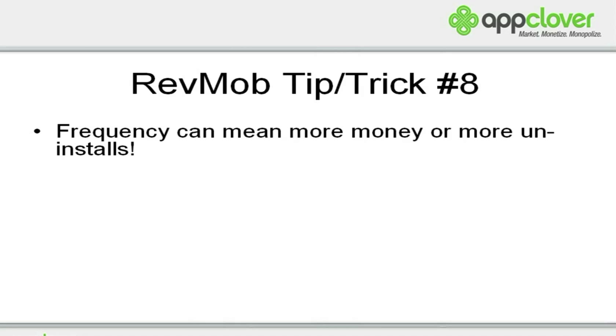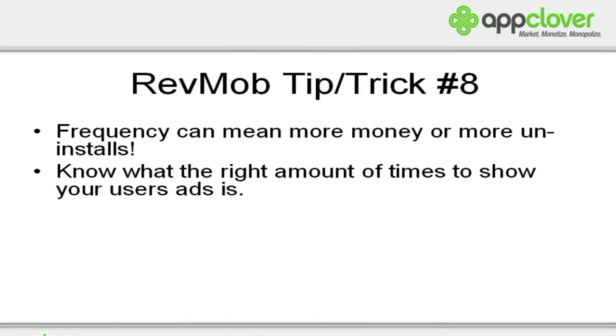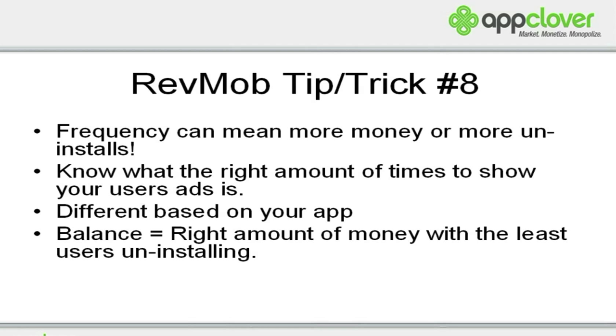Alright, and frequency. This is very important. Frequency is basically how often you show your ad. If you know the right amount of times to show your users the ads, you will be able to increase your actual revenue. It's going to be different based on the type of app you've got. Some apps will have a higher frequency that you want to show the ads versus other apps. Just make sure you get the right balance. With the right balance, you'll be able to make the right amount of money with the least amount of users uninstalling your app.